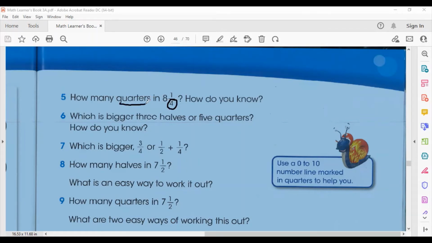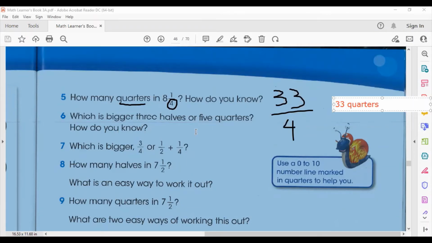In a quarter there are 4 parts in a whole circle or a whole number. So 8 multiplied by 4 is 32, plus 1, 33. So 33 by 4, or you can also write 33 quarters. Both are correct.